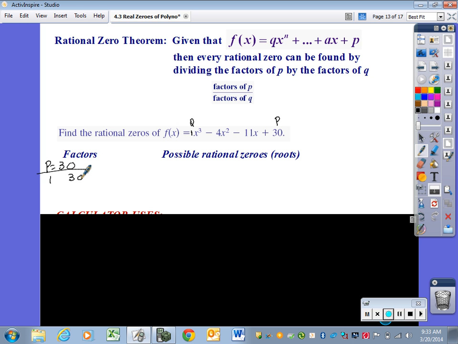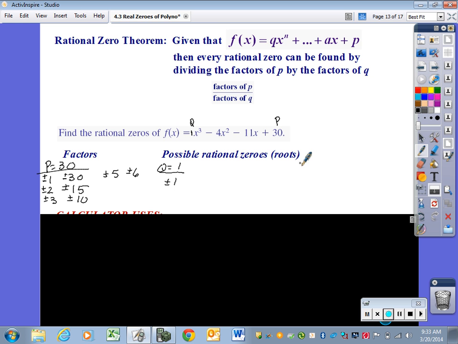1 and 30. Positive 1, positive 30, -1, -30. Positive and negative 2, positive and negative 15. Positive and negative 3, positive and negative 10. Positive and negative 5, positive and negative 6. Q is 1. It only has factors of 1.